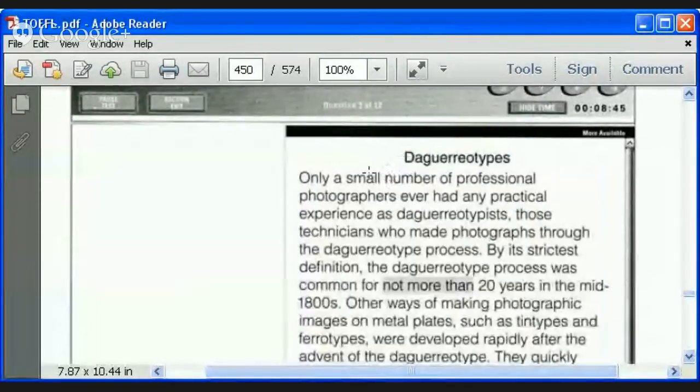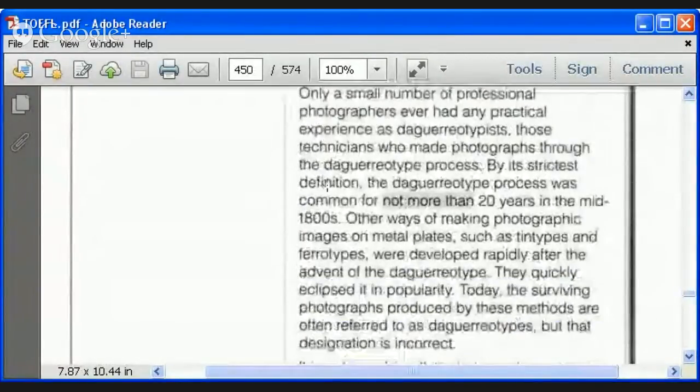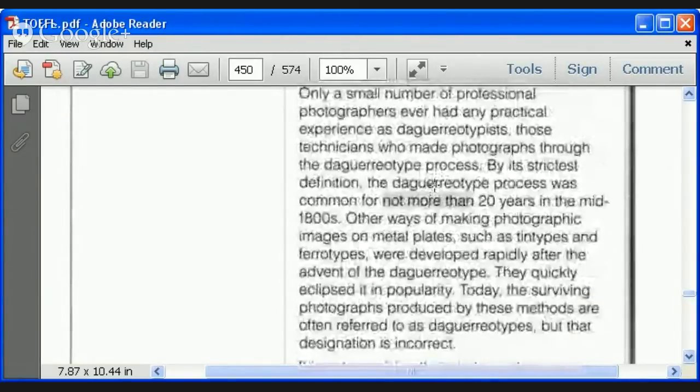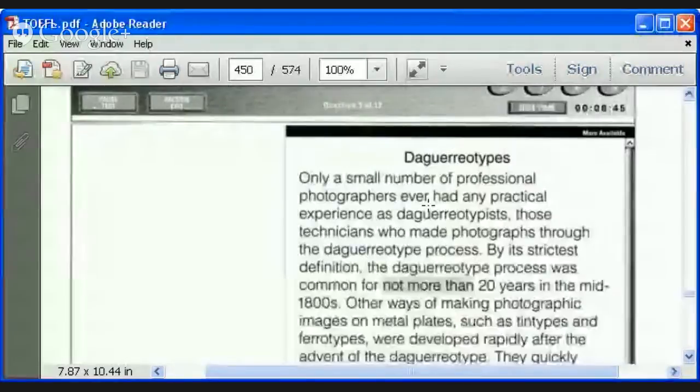You could skim, maybe reading the first and last paragraph and quickly skim the information to try to get the general idea of what they're talking about and the main basic points that the author is trying to convey.